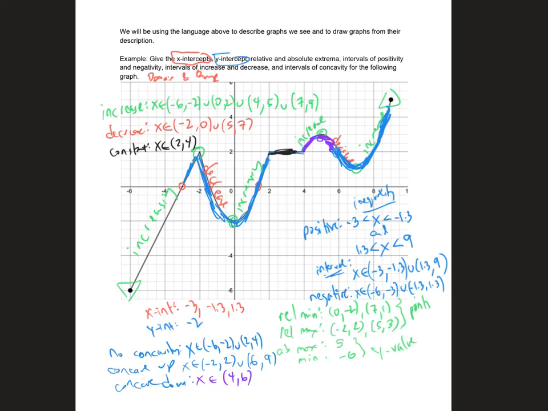Now, when you're writing interval notation, one last note, it's really important to include this little x is an element thing in the front, because if you don't and you just look at this, it's going to look like a point, and it's not a point, it's an interval.